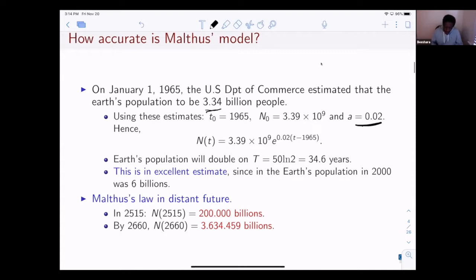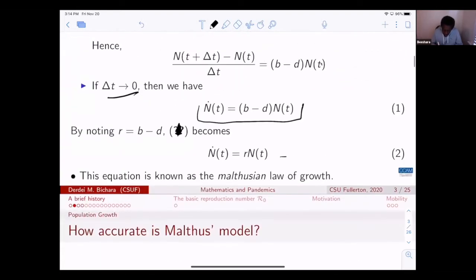So if we have this, n of t is equal to n0 exponential of rt. As we can see, this goes to infinity if r is positive, and to 0 if r is negative.